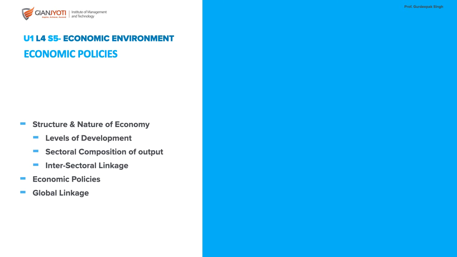Then within the country, the sectoral composition of output. For example, do they produce more commodities or are they more into the service sector? Is tourism the main thing, or agriculture? So what is the sectoral composition of the output of the country? And then inter-sectoral linkages: how they are connected, and which sectors contribute towards that particular output.